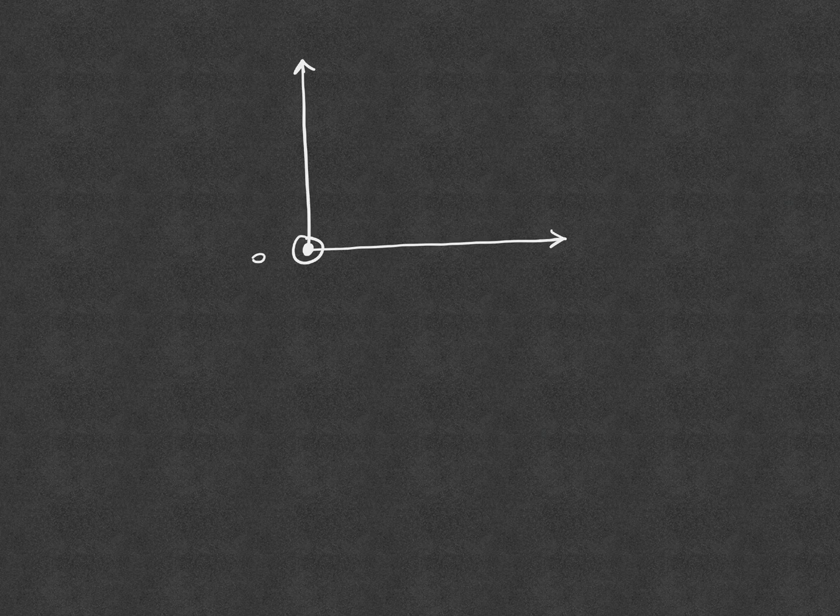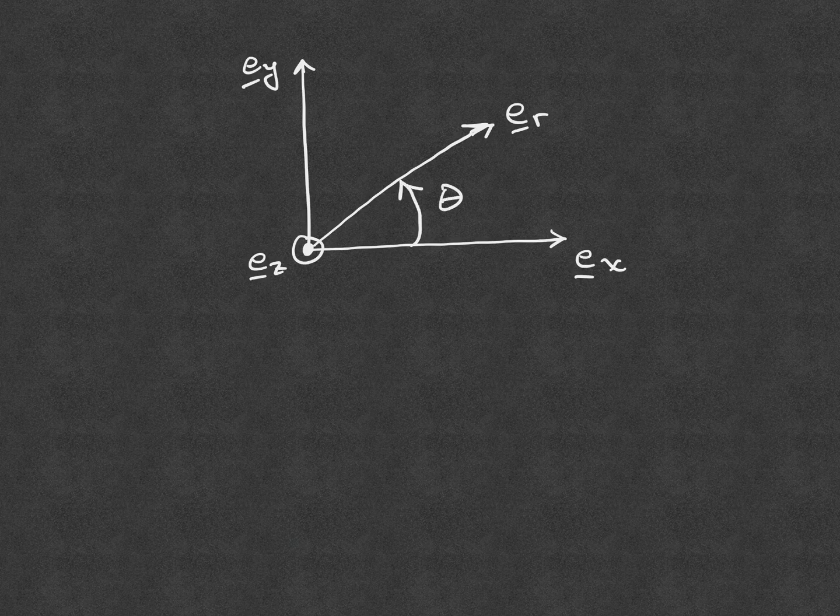This direction is EZ. So I'm looking down on EZ. And this direction here is EX. This direction is EY. The direction that I drew, that direction ER, is an angle theta from EX. And then E theta completes this right-handed system, and it's this direction right here, which makes the angle from EY to E theta also equal to theta.